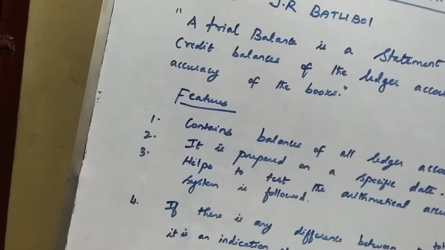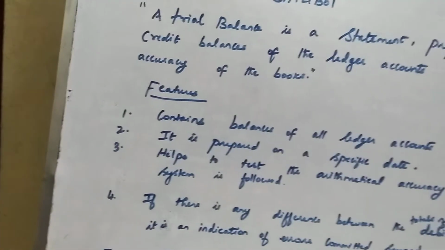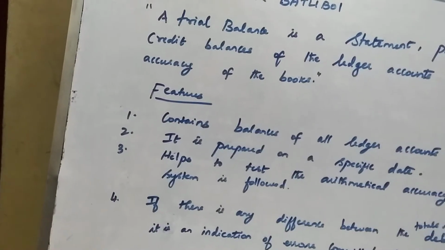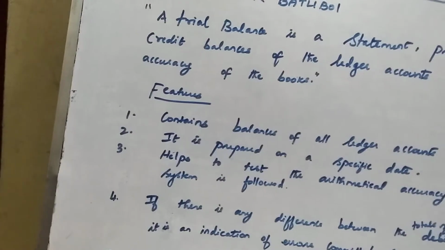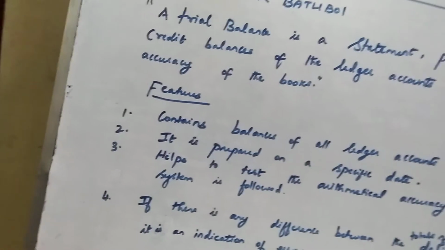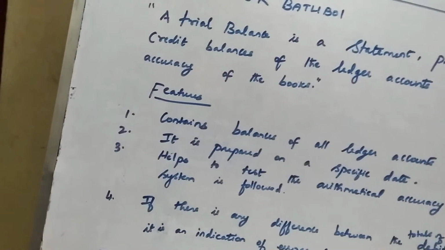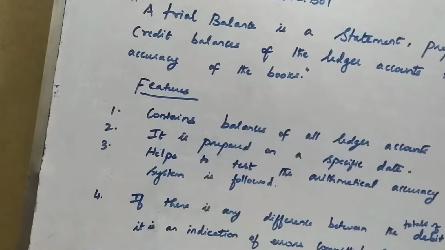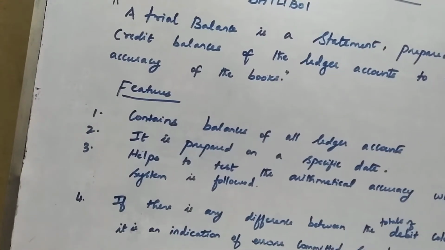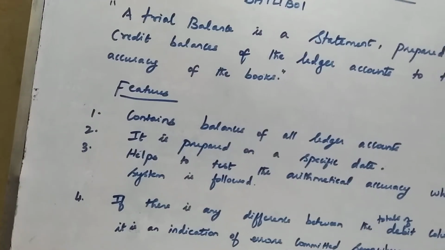Only when you spot the error, you can rectify it. So this is just the first step to test the arithmetical accuracy. And you have another chapter called rectification of errors, a separate chapter. Now, as far as this particular chapter is concerned, we are just going to do the trial balance alone to check the arithmetical accuracy.